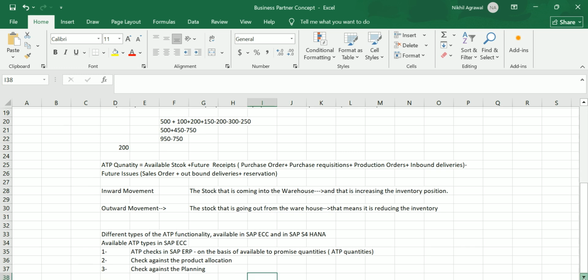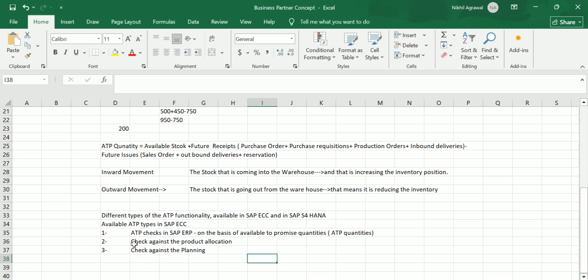We discussed first the ATP check on the basis of available to promise quantity, that works on the derivation that we have seen here. Second is check against the product allocation. To put some more light on the product allocation, that means to allocate the product based on specific customer prioritization.